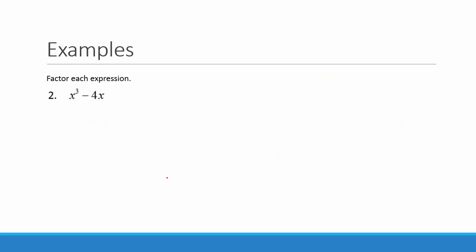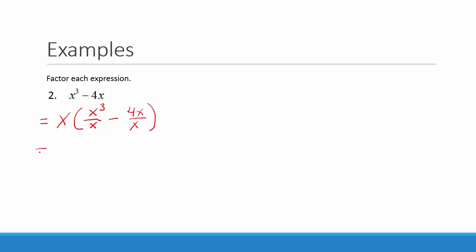Example 2 has a greatest common factor of x. Notice there's x to the third in the first term and an x to the first in the second term. So the smallest power we have is x to the first. So that is what we can take out of both of these terms. So we will write the x on the outside of the parentheses, and then inside the parentheses we will divide the terms by the greatest common factor, which is x.